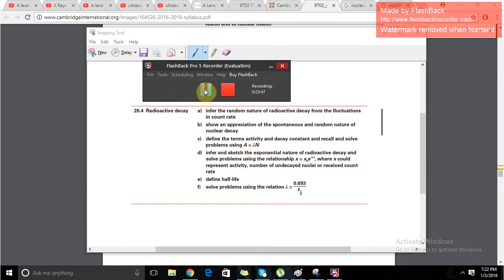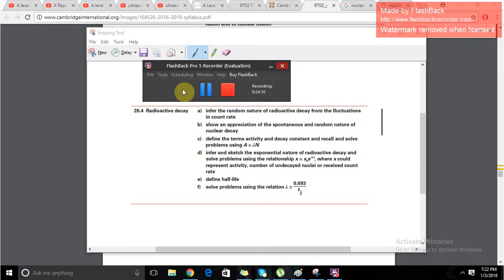And the same is true for count rate. And because half-lives tend to have a large value, say 25 days, that is why each time you get the same number of nuclei disintegrating, or approximately the same number.